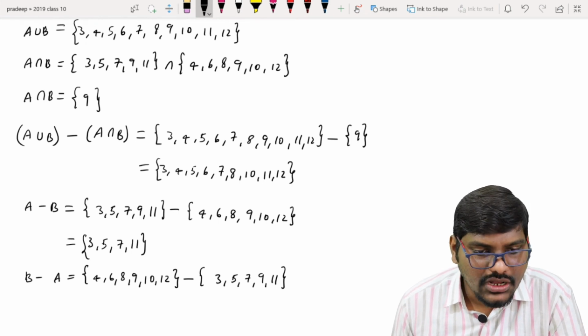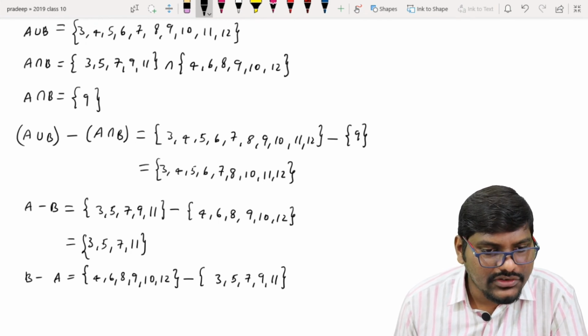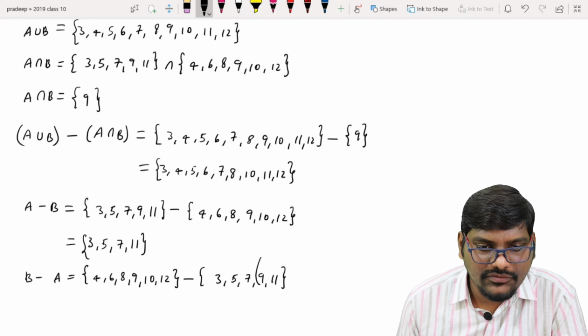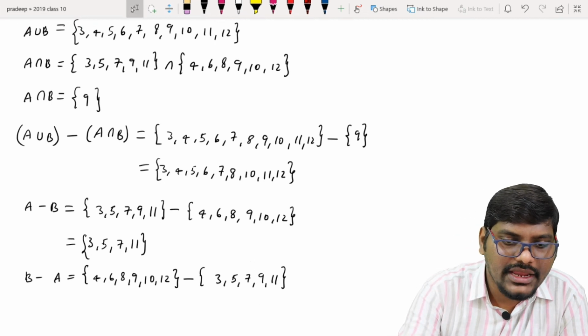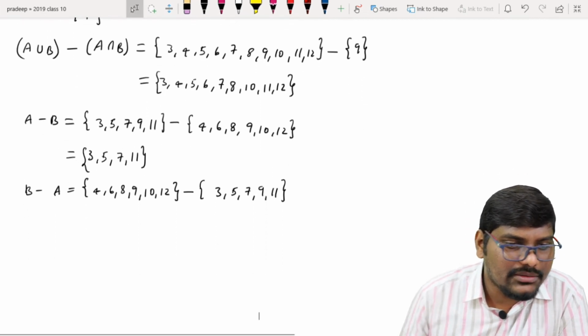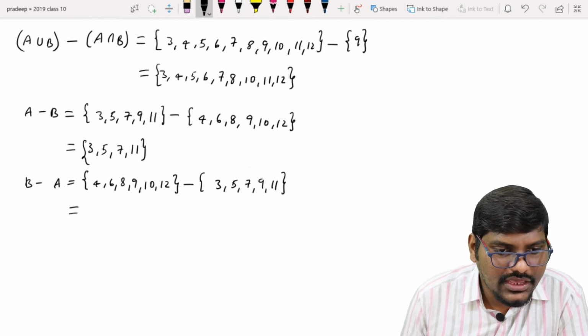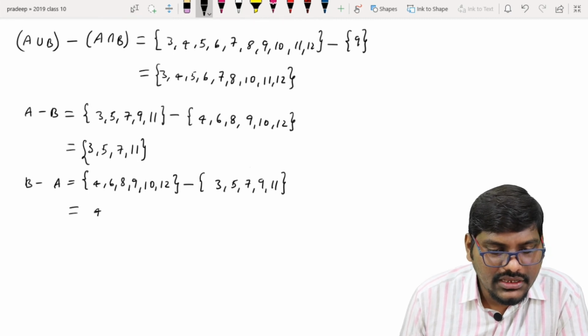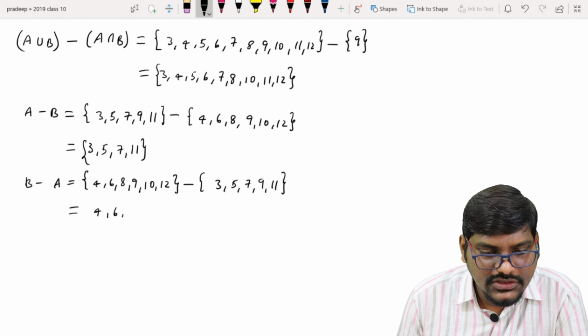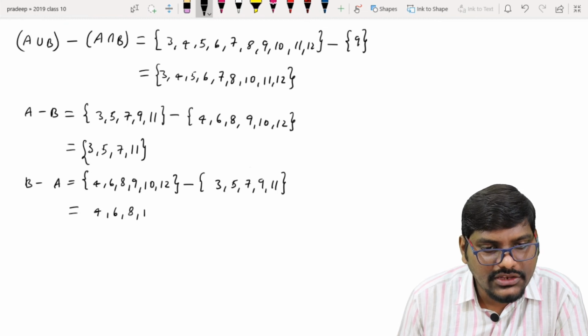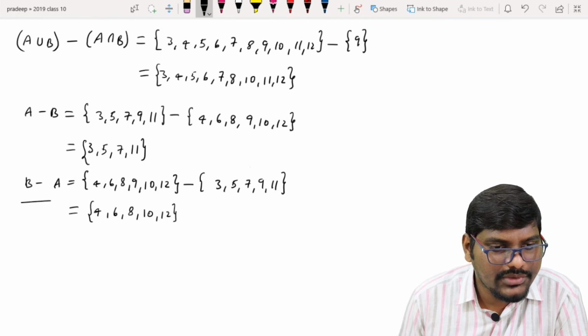If you observe, only 9 is common in both of them. So we will just omit 9 and write the remaining terms. So for B minus A, we get 4, 6, 8, we are omitting 9, so we write 10 and 12. Alright, this is B minus A.